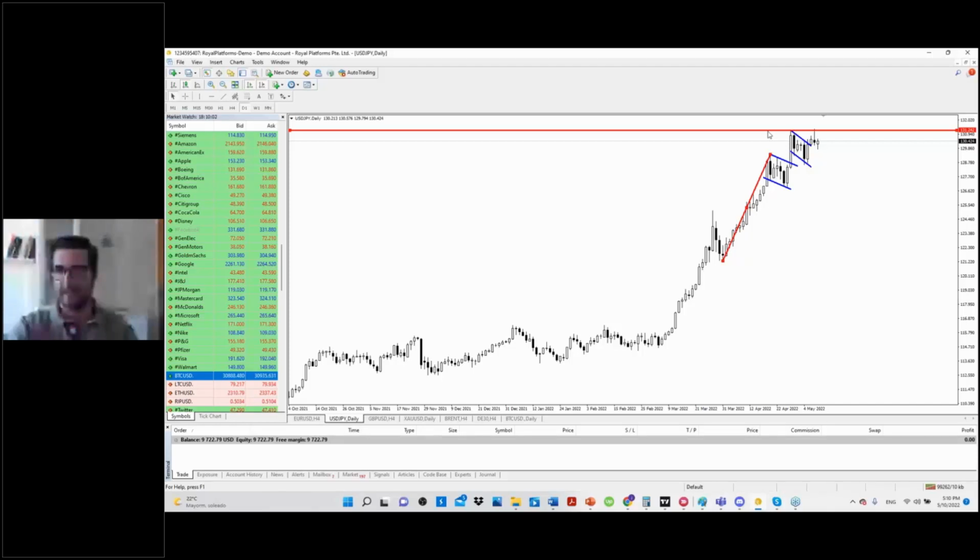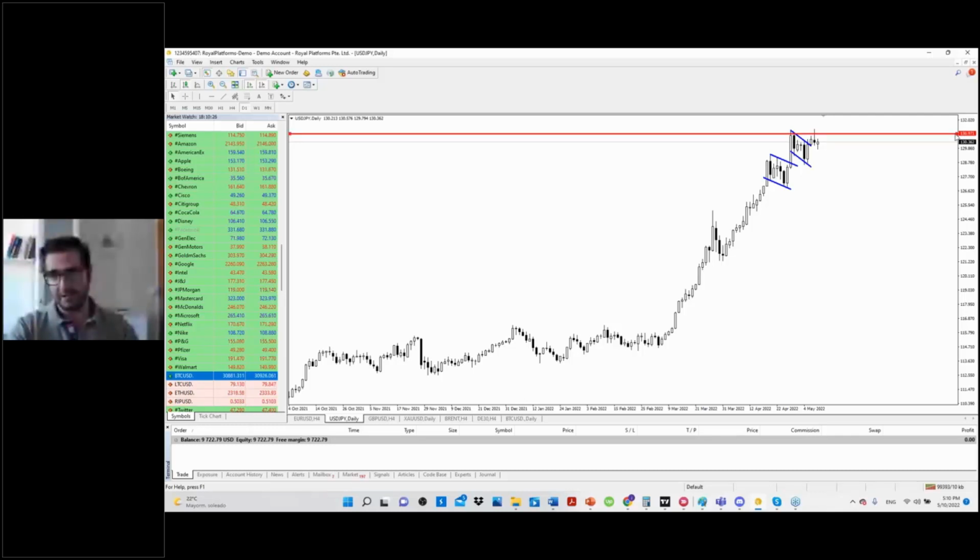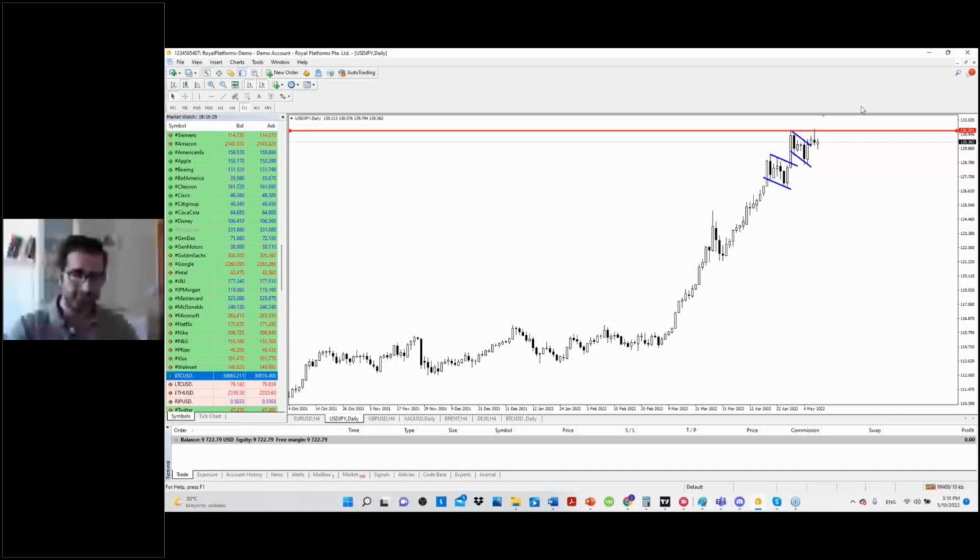This shows that the buyers are getting pressured by sellers, which is not good as to consider a buy position now until we see a breakout of this level here, which is, as we said, 131.23 or 10. Okay, for now, I prefer to wait and see how the market will react around this level here.